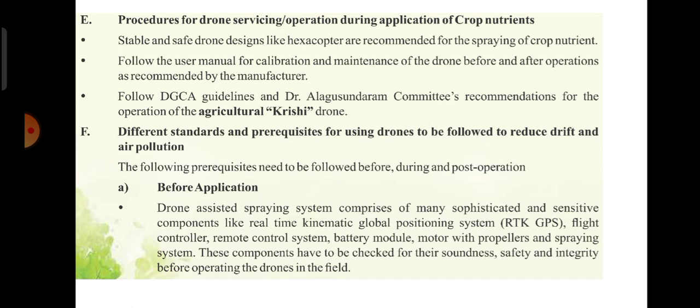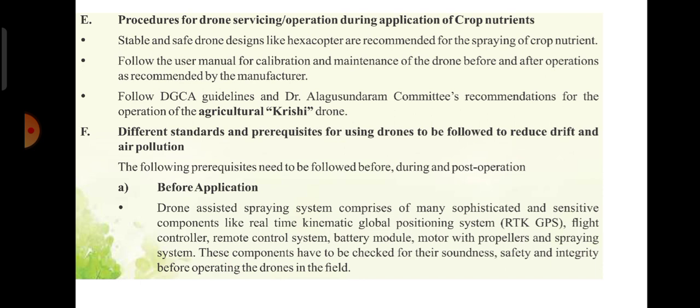Next are procedures for drone servicing operation during application of crop nutrients. For servicing, stable and safe drone designs like the hexacopter are recommended for spraying of the crop nutrients. The hexacopter is the shape of that particular drone. Follow the user manual for calibration and maintenance of the drone before and after operation as recommended by the manufacturer. Follow Directorate General of Civil Aviation guidelines.